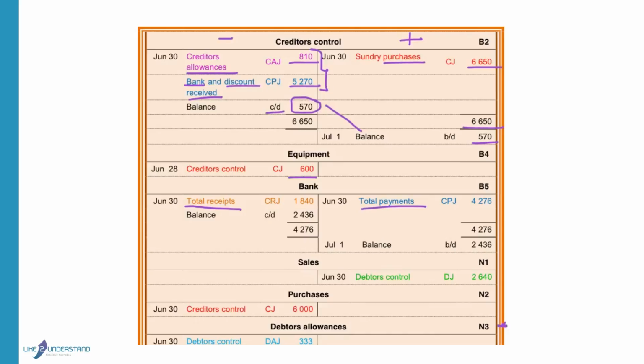The amount on the credit side is bigger, so we will first fill in the amount in the total column. Then we will subtract the 1,840 to determine the difference between the debit and credit side to determine my balance carried down. On the first day of the next year, this balance will be brought down on the opposite side of the account.